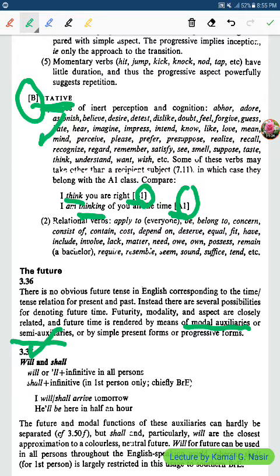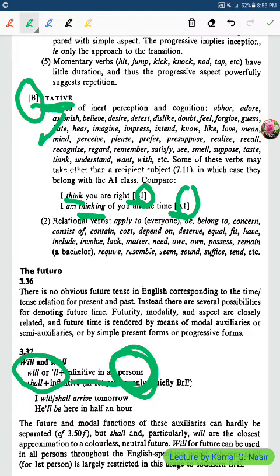The modal auxiliaries, for example, will and shall. Will and shall are modal auxiliaries to give the future time. After will and shall, we use the infinitive in all persons. What are persons?